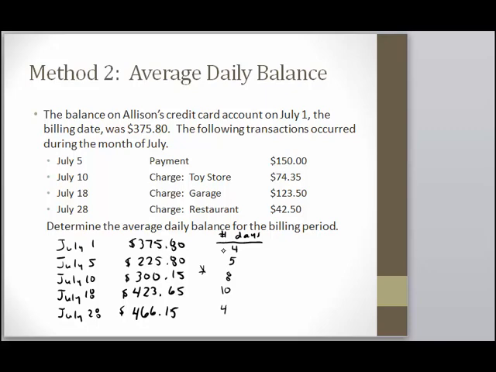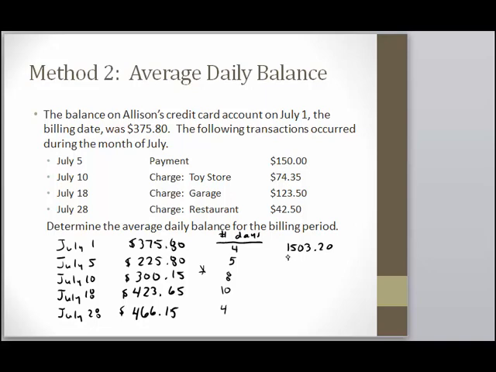So on the first one, I'm going to do 375.8 times 4. And that gives me 1503.20. For the next one, I'm going to multiply 225.80 times the 5 days that we had that balance.